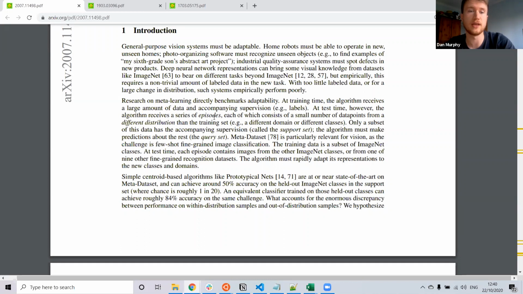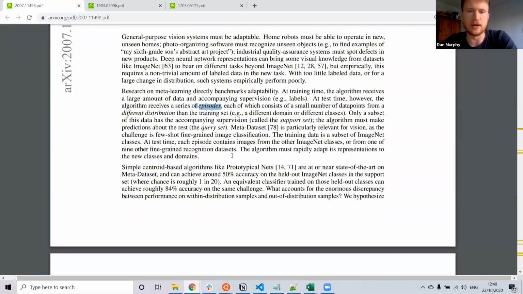Within an episode, you've got a support set, which is the data you use to transfer your knowledge about this new data set across to your network, and the query set, which are the images that you test on from this data set. That's metadata set, and that's what the paper is structured around.